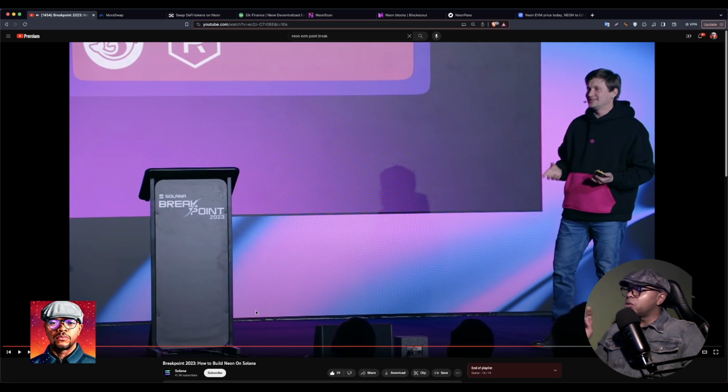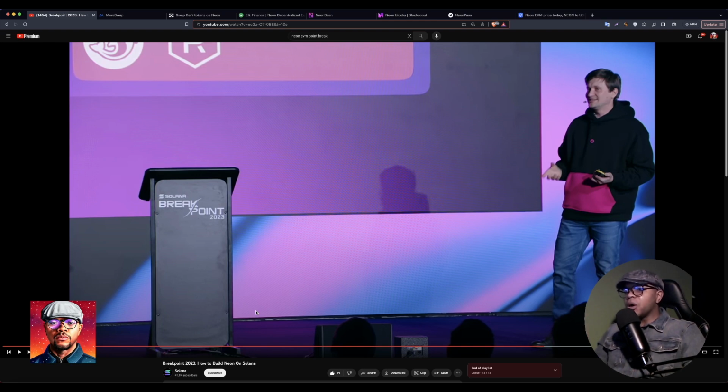This is pretty cool, if they're able to pull this off, because it's going to allow Ethereum developers to code on Neon, right? Well, deploy their dApp on Neon. We already know that that's the premise of Neon EVM, right?